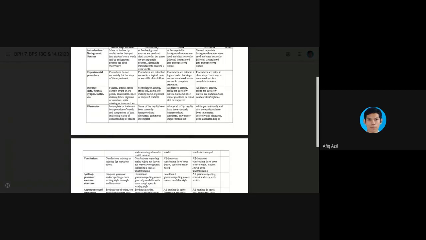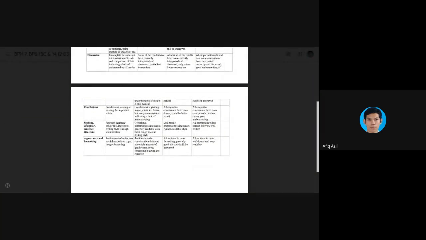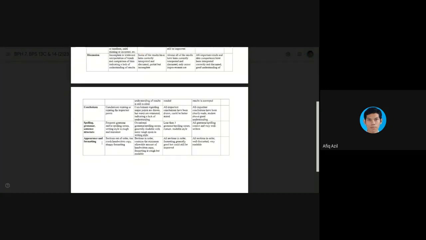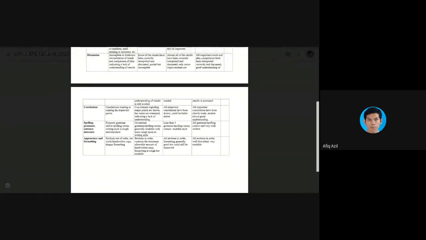the results, your discussion, conclusion, and also spelling, grammar, and sentence structures will be taken into account, and the whole appearance and formatting of the lab report. It should be all sections in order, well formatted, and very readable. For low marks: sections out of order, too much handwritten copy or sloppy formatting.